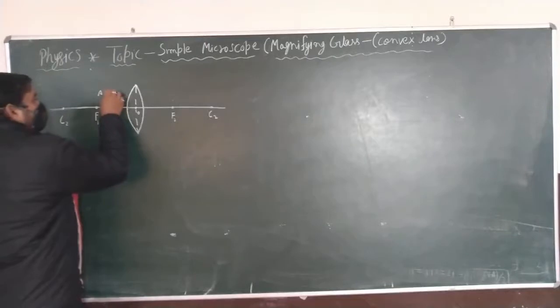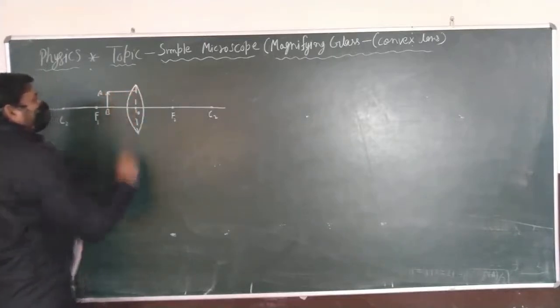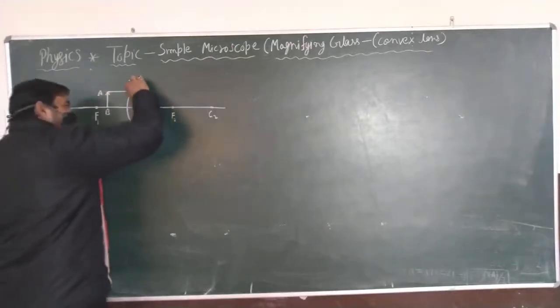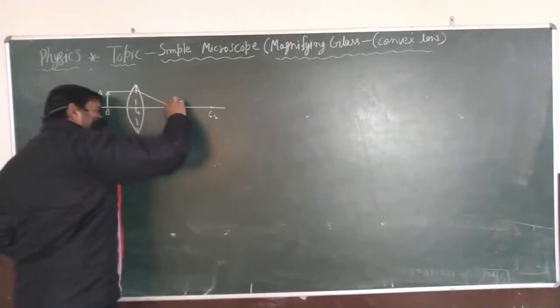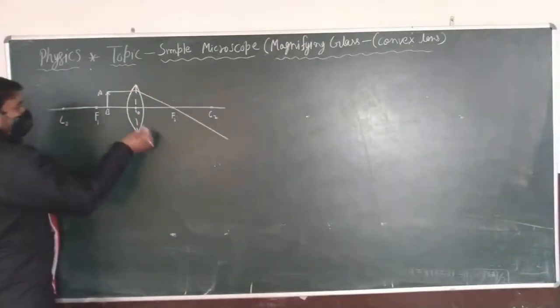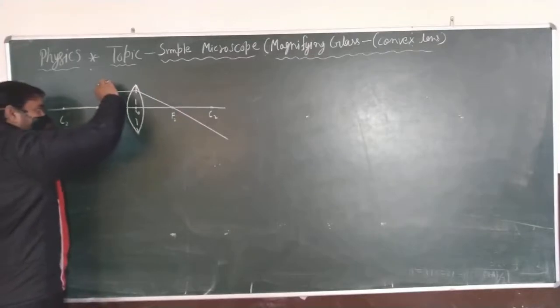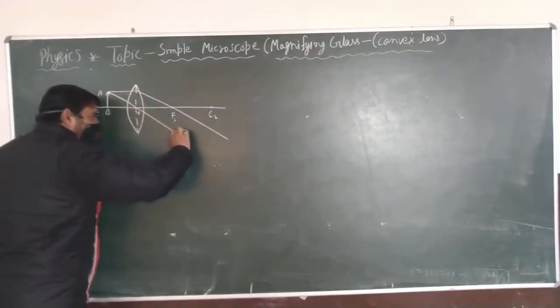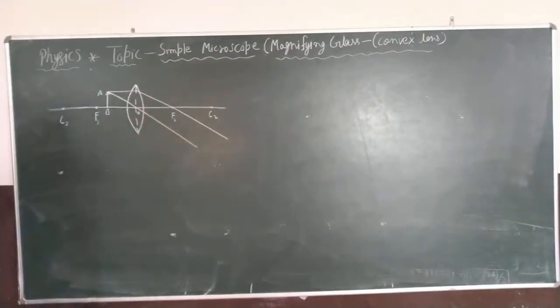Now, a ray which is traveling parallel to the principal axis, after refraction from the lens, passes through the focus, and another ray which is traveling through the optical center does not deviate after refraction.